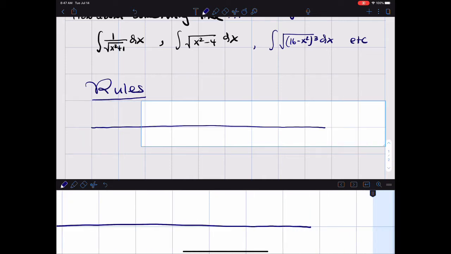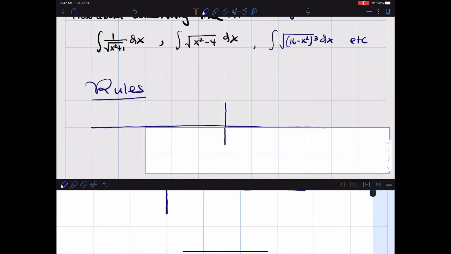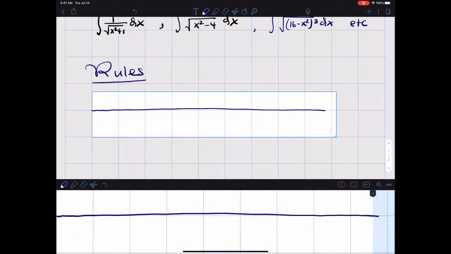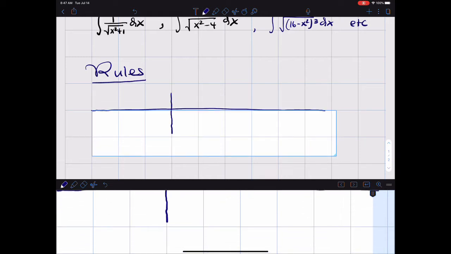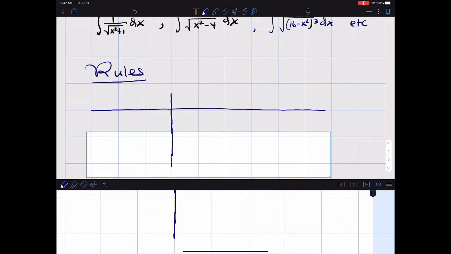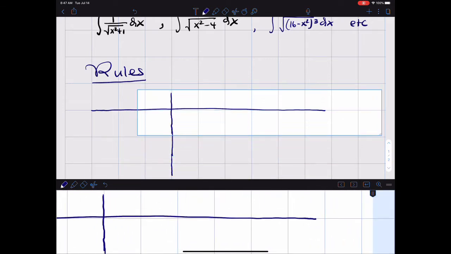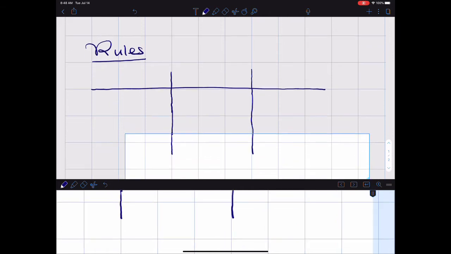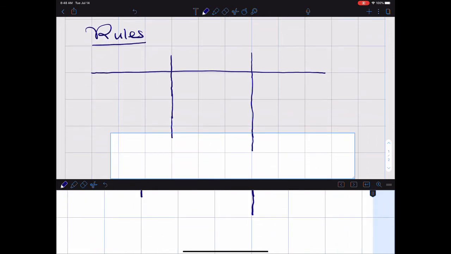Try to draw a line. No, that line is too far. So these are the things that make my videos long. You may want to fast forward until I finish drawing this line. That might help.